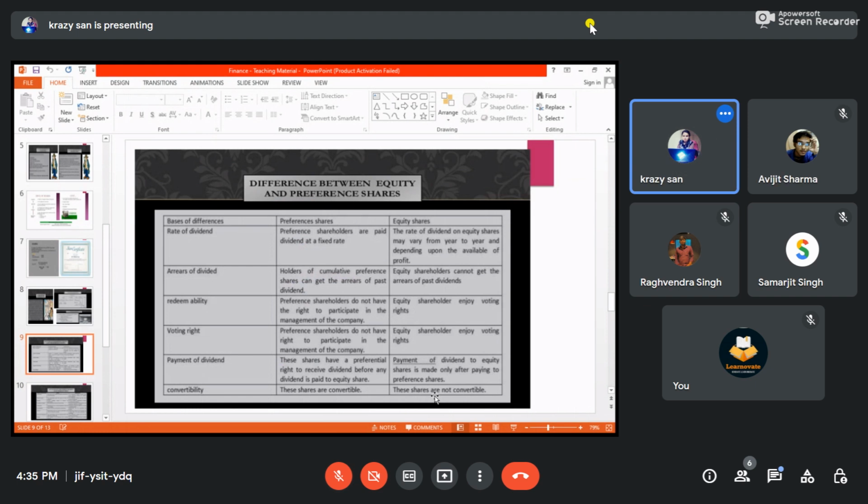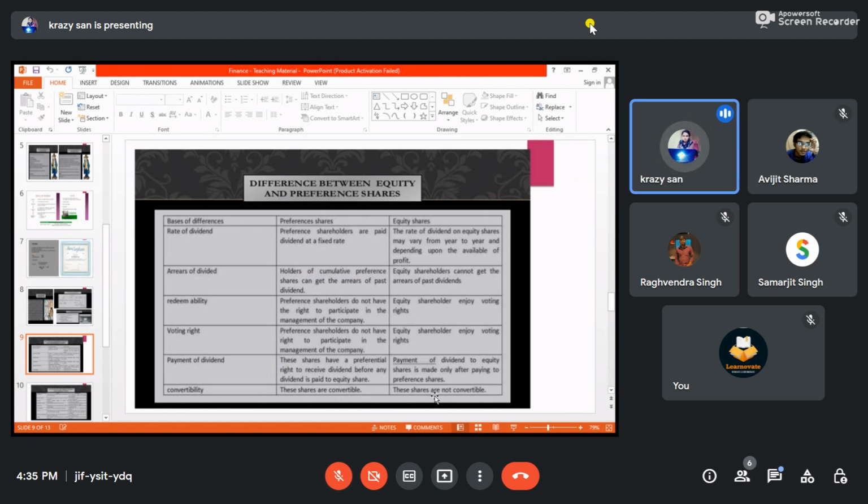Voting rights: preference shareholders do not have the right to participate in the management of the company, but equity shareholders enjoy voting rights, and they can play a role in any decision. Payment of dividend is always done to the preference shareholders first, and then to the equity shareholders.